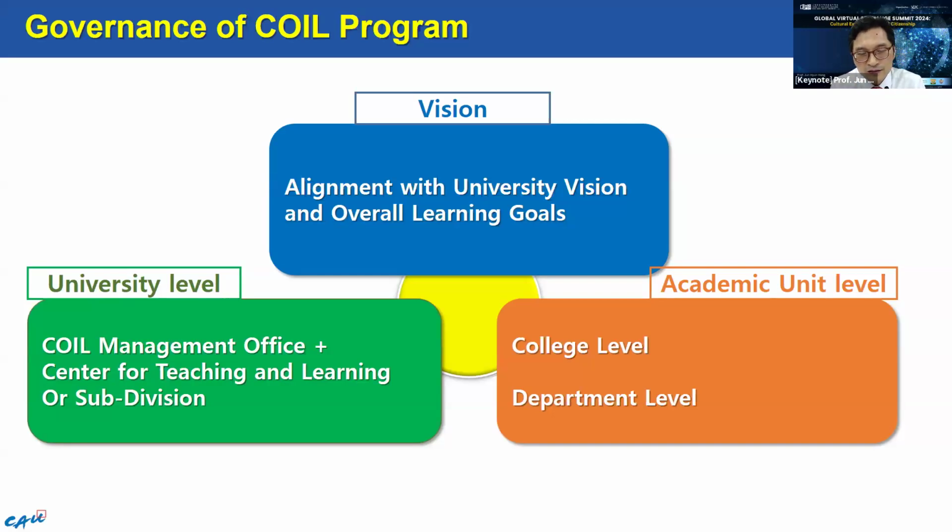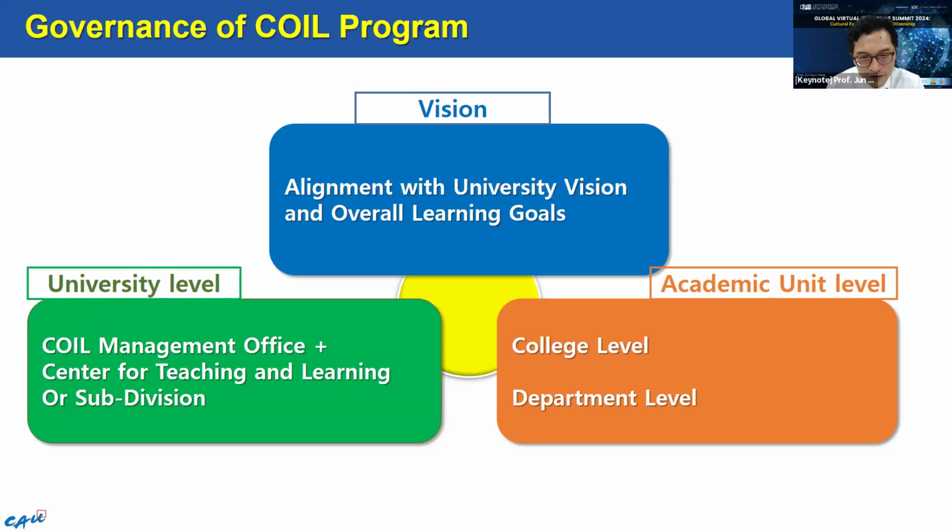And also, it is desirable to have a COIL management office. It could be the international office, or it could be a center for teaching and learning. But sometimes they are just tossing the responsibility to each other, right? That's the case at my university, to be honest. Or at the initial stage, establishing an office is too premature.